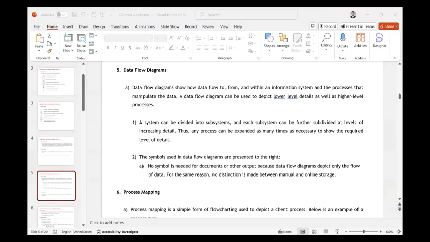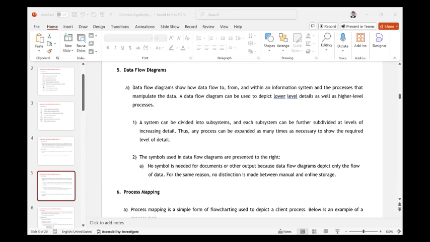It maps out the flow of information in a process or a system. Again, more or less the same symbols are used. If you see a diagram where they show how the data flows, then that would be a data flow diagram, right?